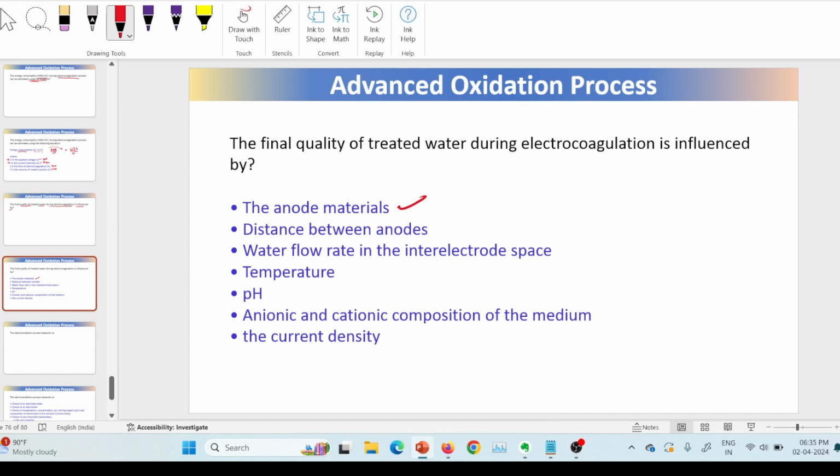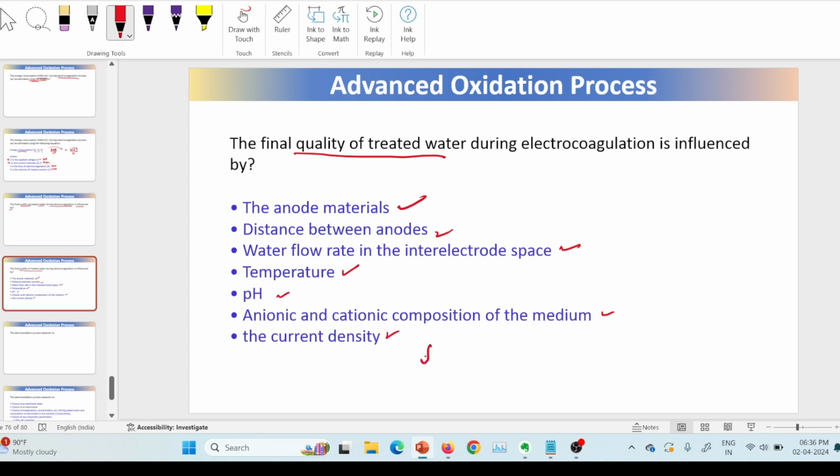And what is the distance between anodes? That will also affect the quality of treated water. Water flow rate in the inter-electrode space, what is the temperature, what is the pH, anionic and cationic composition of the medium. So what are the anions and cations present in water, and what is the current density?